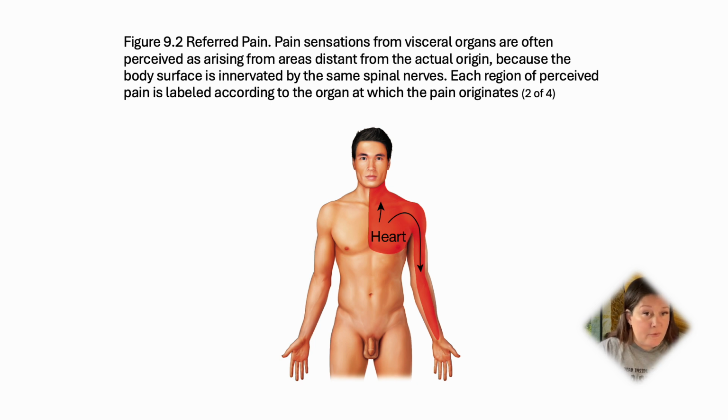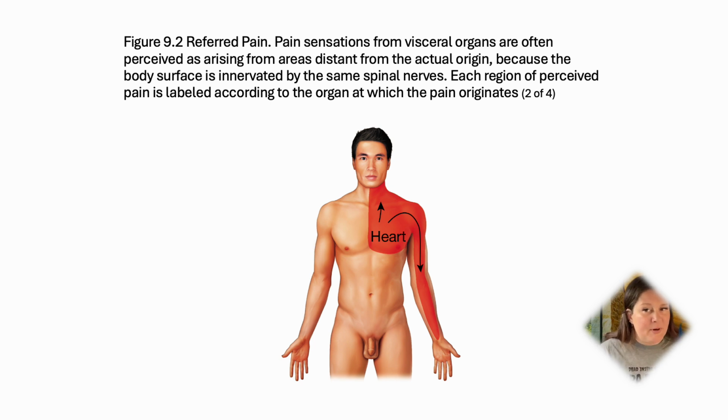Continuing referred pain, again, I started to talk with you about the heart. The nerves that innervate the heart, those few that do, are also part of the same spinal nerve that innervates the left side of the neck, the left shoulder, the left arm.